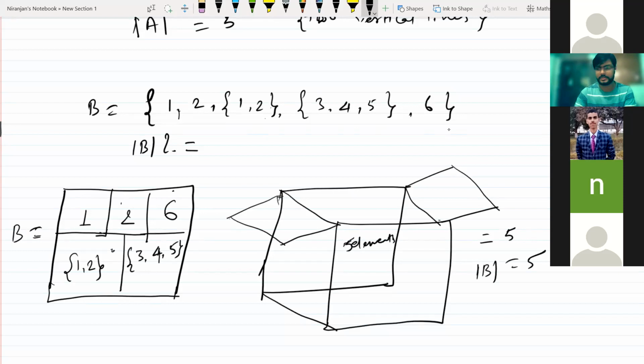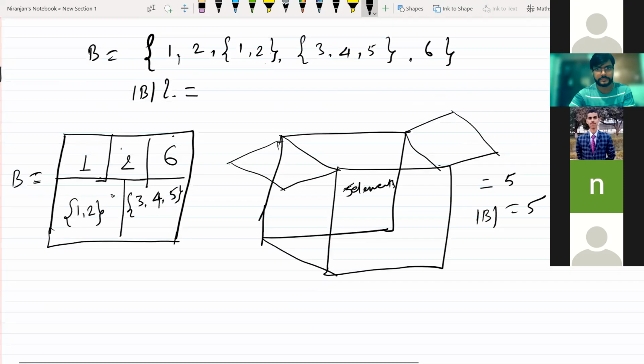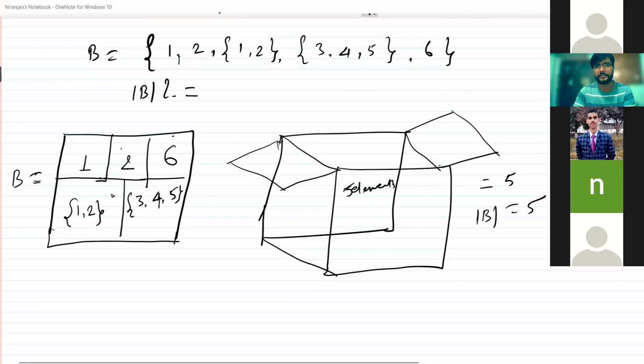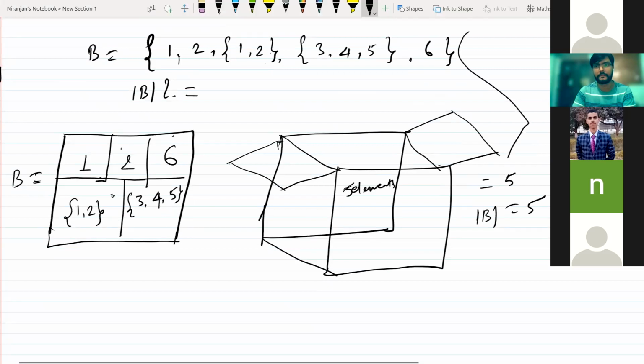So the trick is, this is a shortcut. The shortcut is that you count the total number of commas in the outer braces. So what are your outer braces? This is your outer braces. Look carefully. You count the total number of commas: 1, 2, 3, and 4.